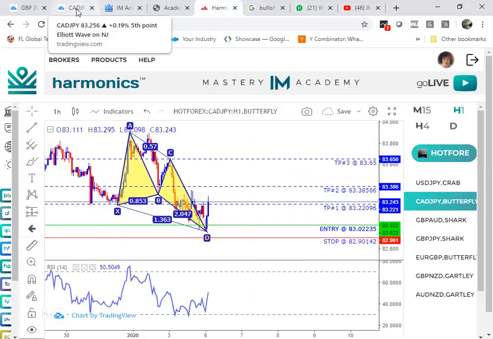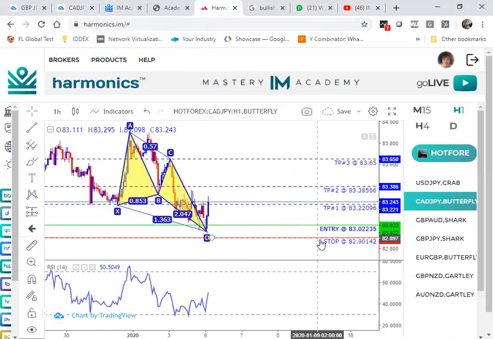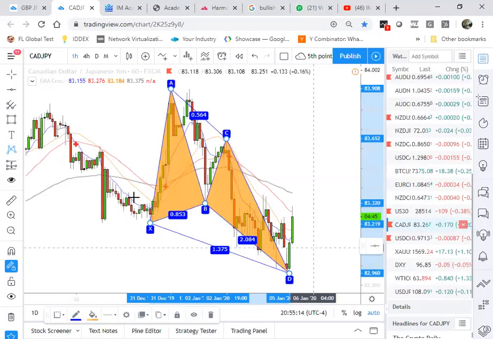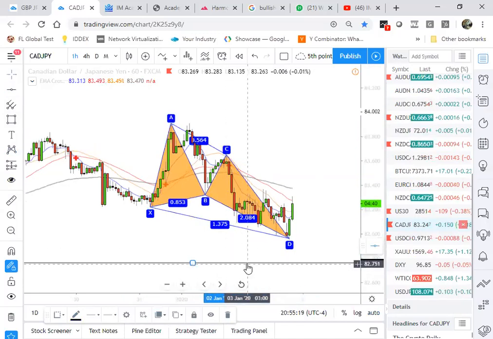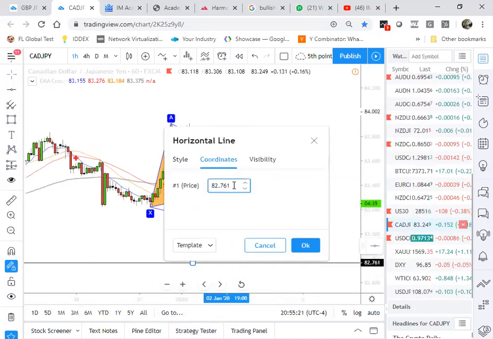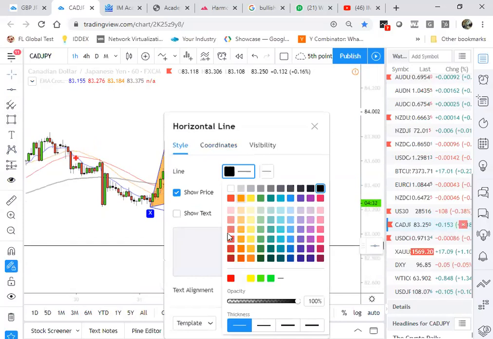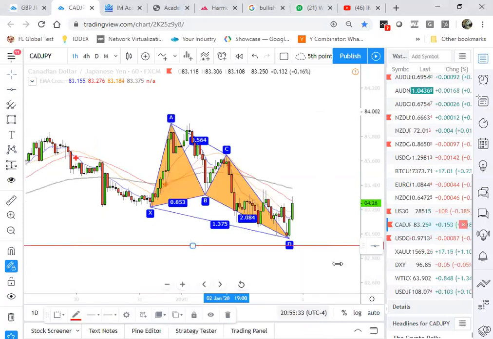And then let's see, it has a stop loss of 82.901. That's my stop loss.